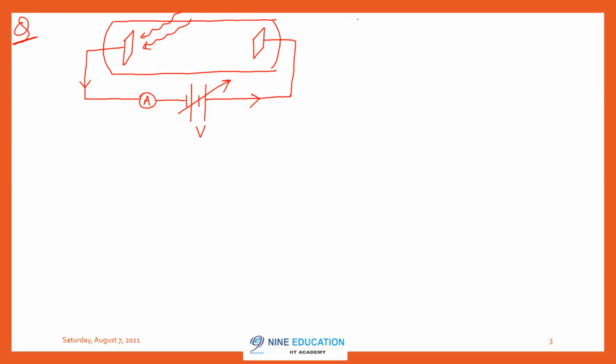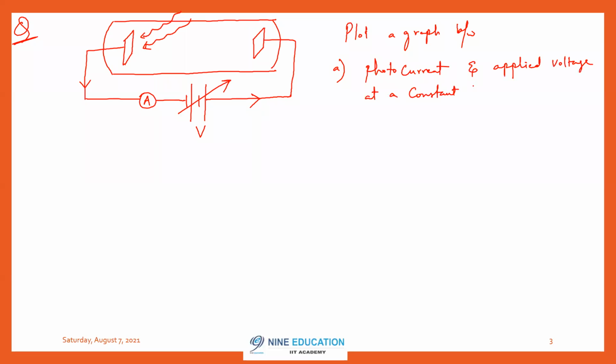Now I want you to plot some graphs. Plot a graph between option A, photocurrent, which is the current flowing in the circuit, and applied voltage, at a constant frequency of incident light but for two different intensities.